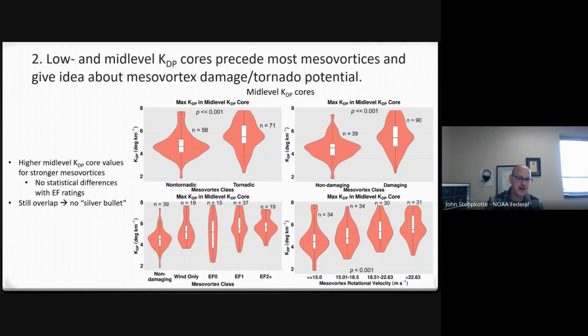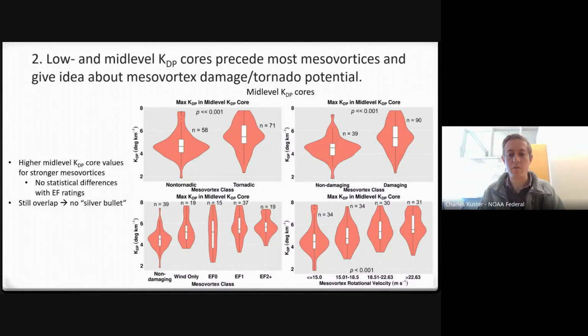The reason I ask is because you can make a lot of individual pixels that may or may not be an accurate microphysical explanation for that KDP value. So I was just curious whether you're looking at an individual pixel value or something more. And then I have another question after that.